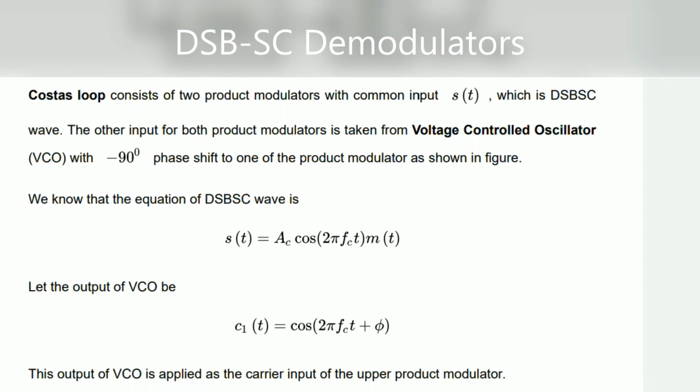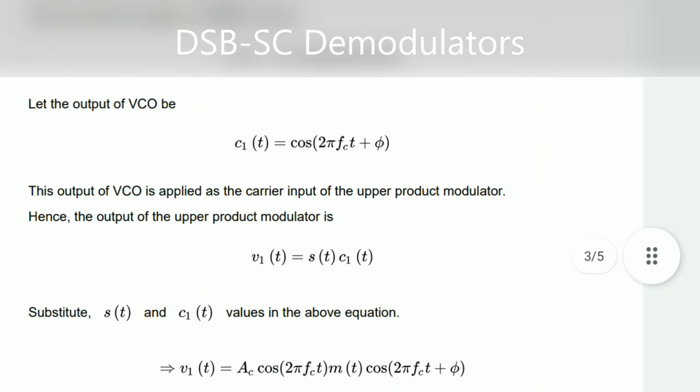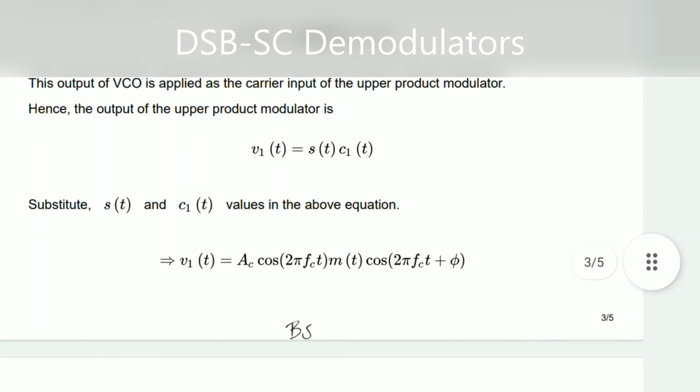Now s of t we know. The VCO output for the first one is c1 of t equal to what? There will be a phase difference phi, that is cos 2 pi fct plus phi. So the upper product modulator output is v1 of t, that is s of t into c1 of t.